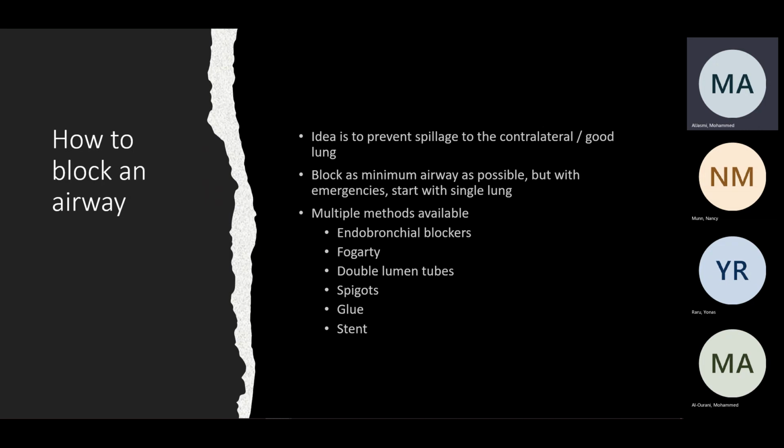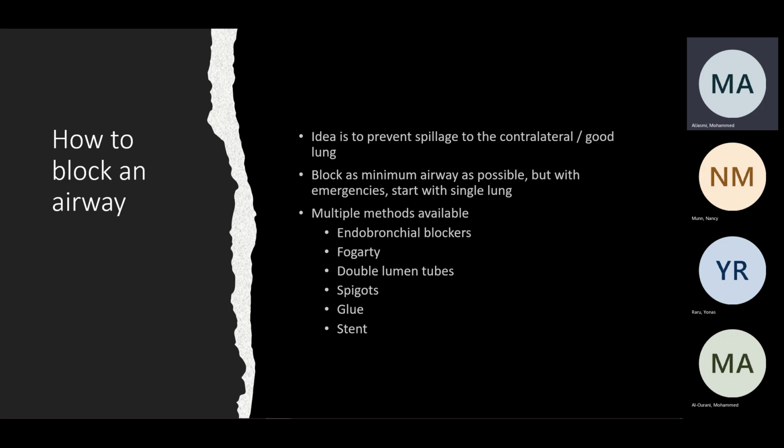Double lumen tubes are things that you're going to need to ask the OR for. You don't have 15 minutes to call for the OR to get a double lumen tube. It needs experience to place, for example, intubating the right main with the double lumen tube is really difficult, and you will occlude the right upper lobe with it.